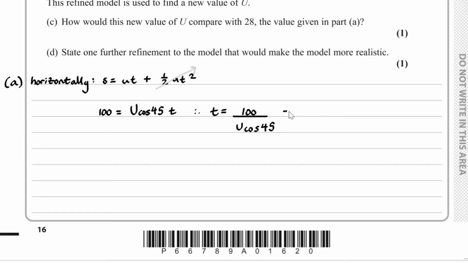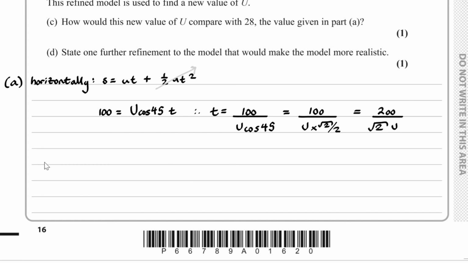Here we have 100 over u times root 2 over 2, so we would end up with 200 over root 2 u. So that's what t is.